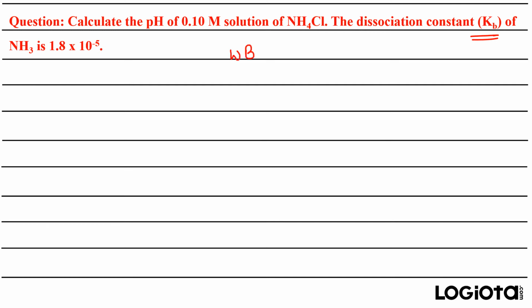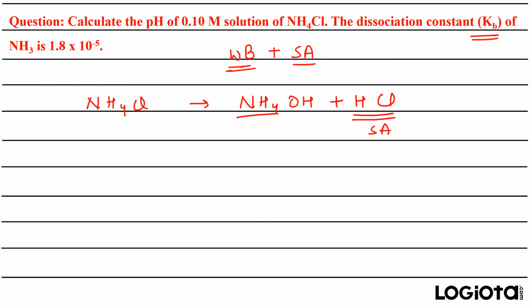Ka is not given, so it means that it is a strong acid. So the salt is a combination of a strong acid and weak base. You can see here it is NH4Cl, so it is made up of NH4OH plus HCl. HCl is a strong acid and NH4OH is a weak base.